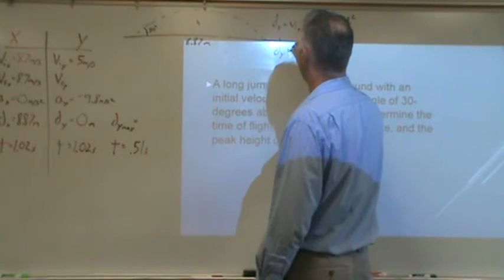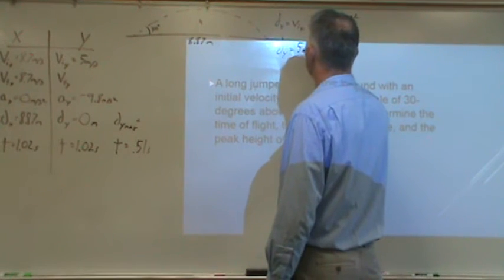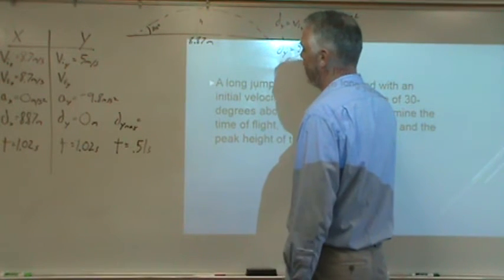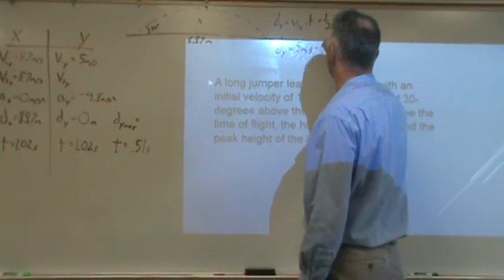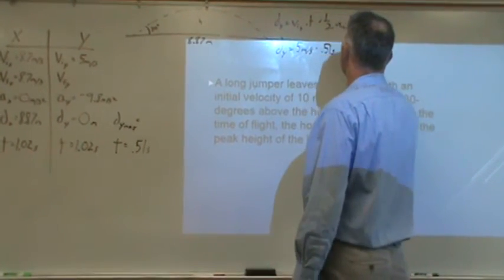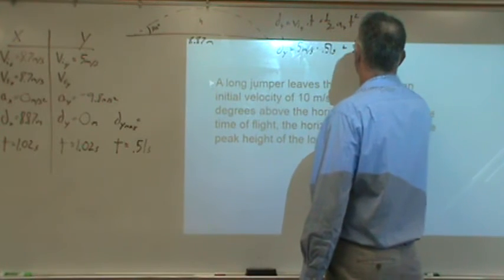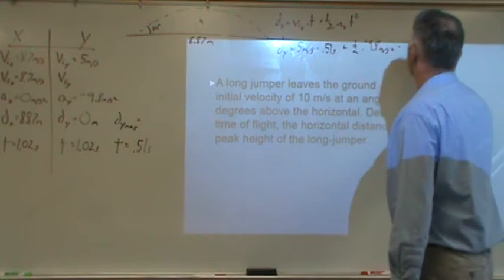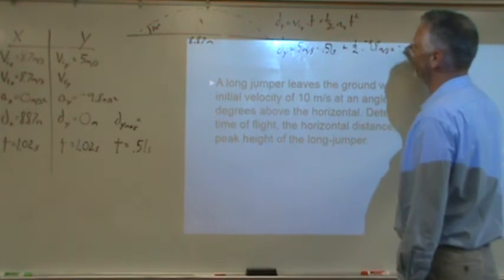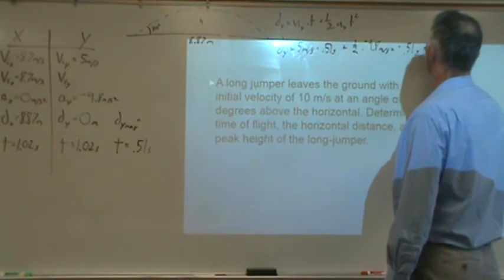So viy, 5 meters per second, multiplied by time. Make sure you use that half time, so that's 0.51 seconds. Plus 1/2 times negative 9.8 meters per second squared times t squared, which is going to be 0.51 seconds squared.